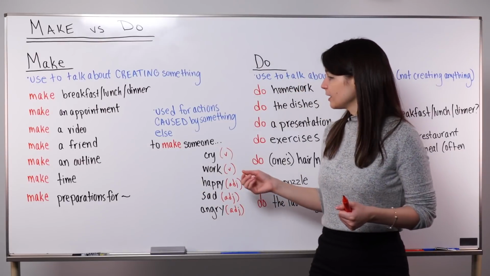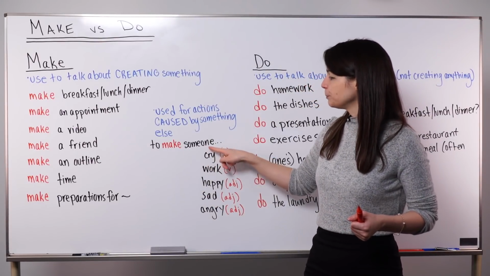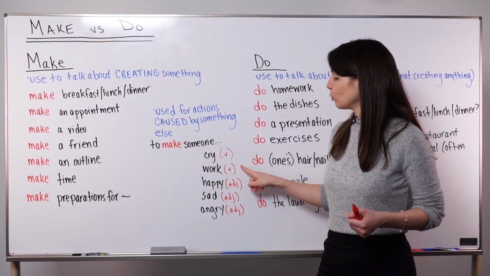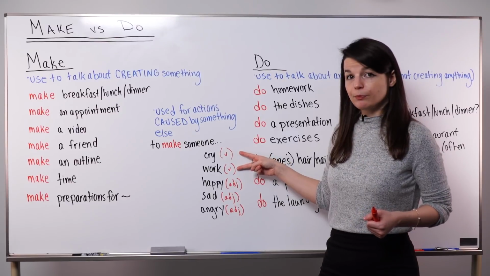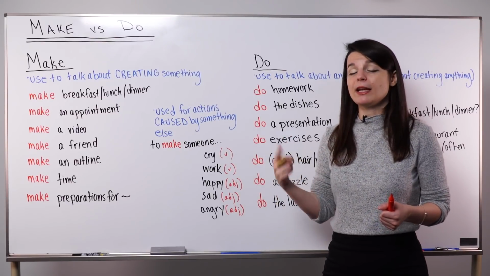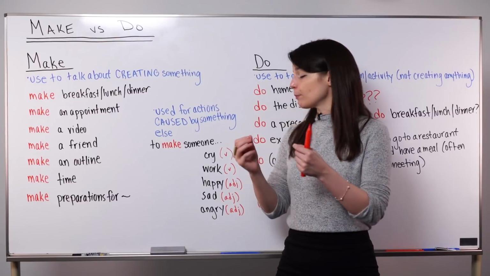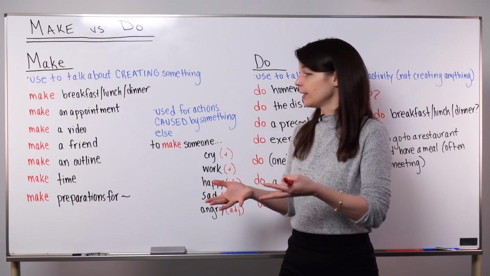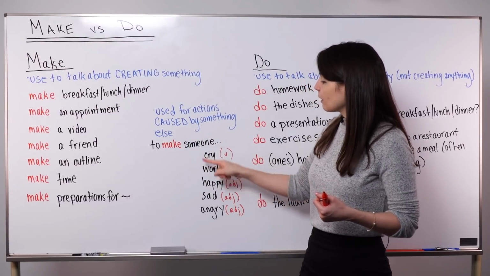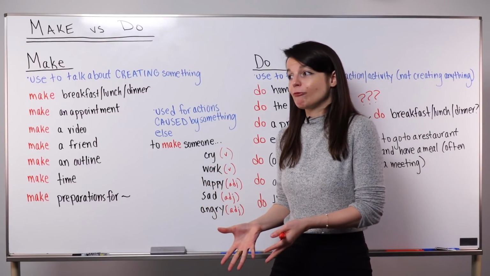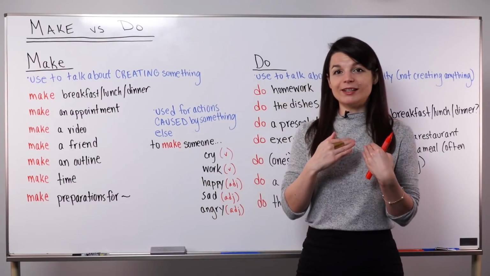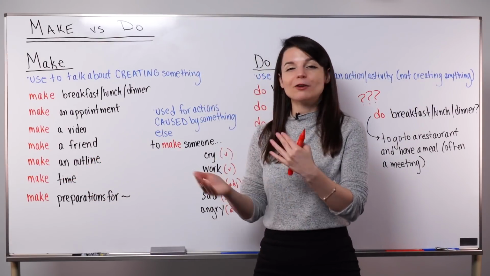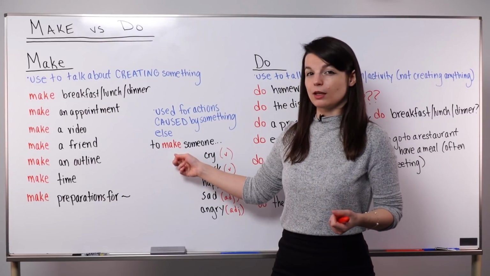The pattern here is to make someone cry, or to make someone work. This means to cause that person to cry or to cause a person to work, to force someone. You can think of these as actions that have been created. One person caused another person to cry. It's like that was created. That's how you can imagine make being used here.